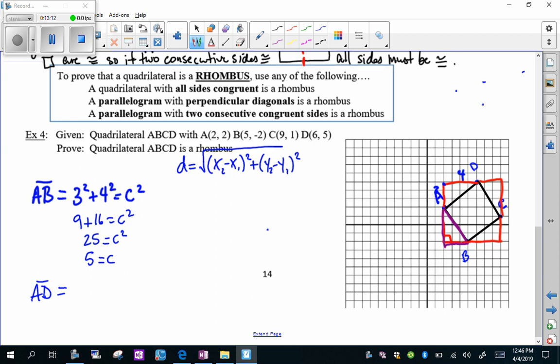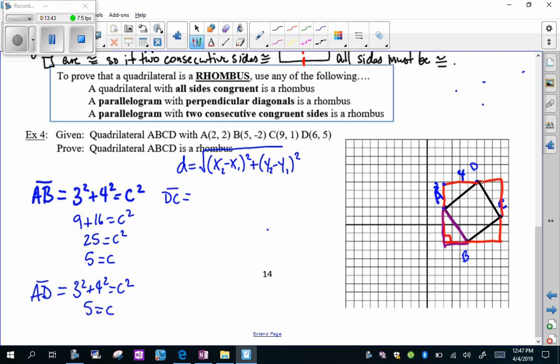Okay, now I'm going to do the same thing for side AD. So side AD is from this point up is 3, over is 4. So that's going to be 3 squared plus 4 squared equals c squared. And just for time's sake, we know that c here is going to equal 5. I have to go around, because I'm proving all the sides are congruent, or that's my goal. So I'm going to write down side DC.